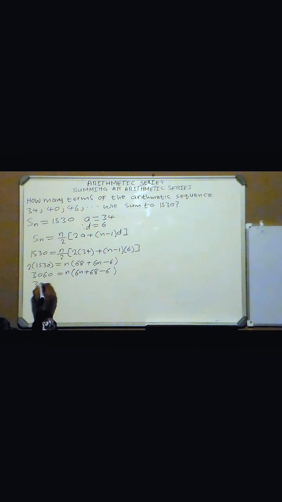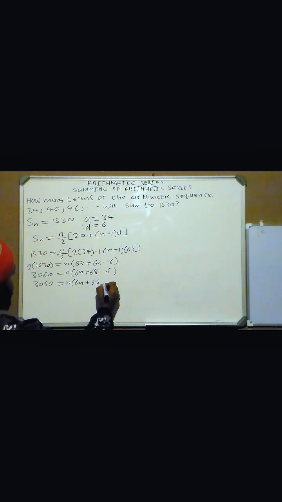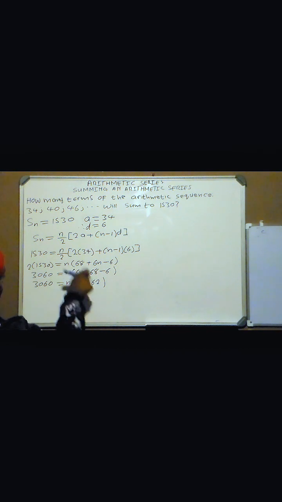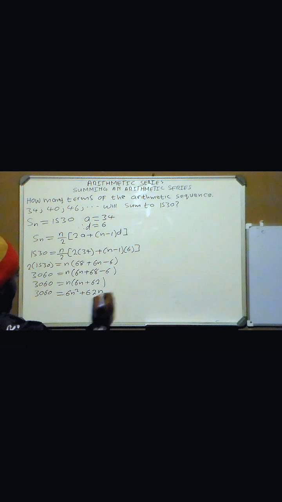So this will be 3060 equals n multiplied by 6n plus 68 minus 6, that is 62, right? Then I can distribute the n inside the bracket. So this will be 3060 equals 6n squared plus 62n.